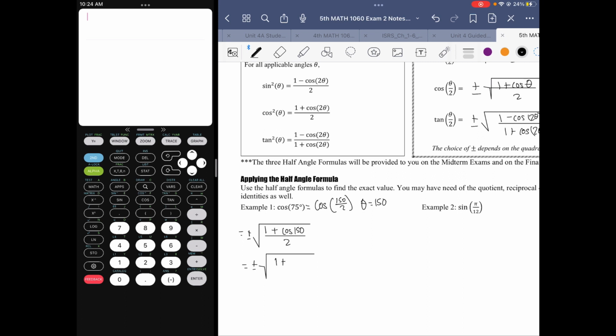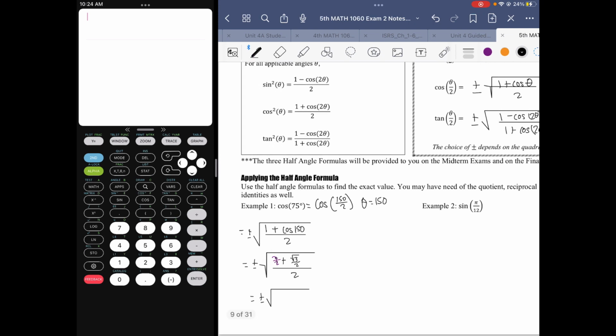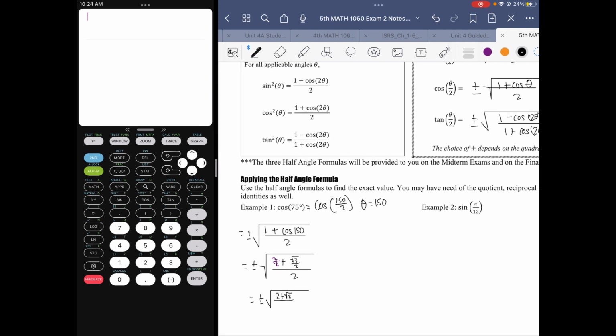And of course, cosine of 150 on the unit circle would be square root of 3 over 2, all over 2. So then this, of course, is 2 over 2, which comes out to 2 plus the square root of 3 over 2, all over 2.